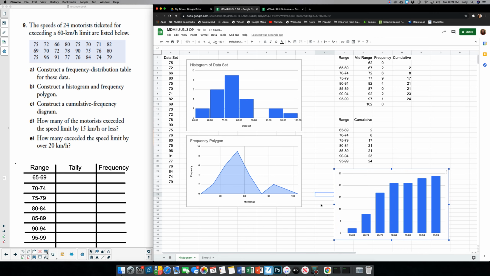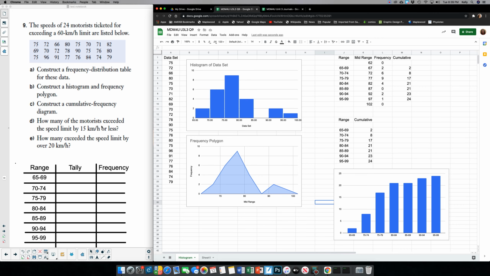So now that we have all of these things, it says how many of the motorists exceeded the speed limit by 15 kilometers or less. So 15 kilometers or less, we have to take a look at what our frequencies are. The speed limit was 60, so we're looking at 65 or smaller. There wasn't anybody. We don't have anybody on the table for that.